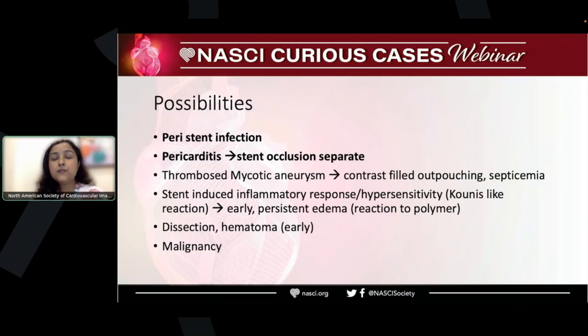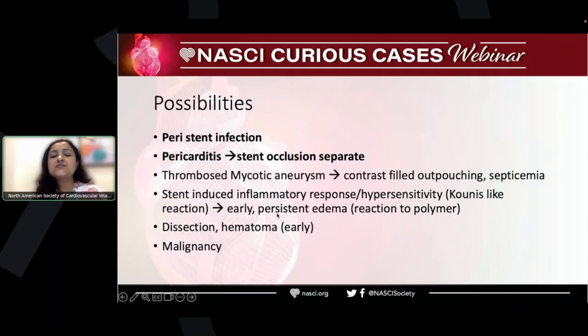Another possibility is of a stent-induced inflammatory response or hypersensitivity. It's called Kounis-like reaction. It is common with the first generation nitinol stents, where the polymer used generates this sort of hypersensitivity, and it led to some sort of peristent inflammation, fat pad dirtiness, and then early persistent edema.